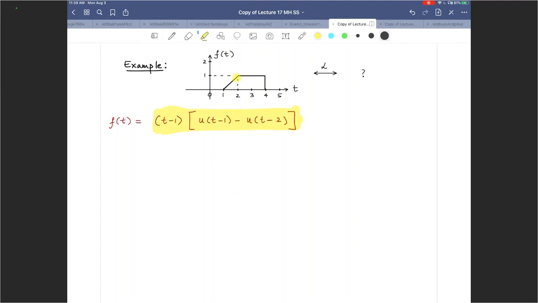That is that. Next, you have a rectangle that opens the gate at 2 and closes the gate at 4. U of t minus 2 minus u of t minus 4. So this guy is going to be that guy.